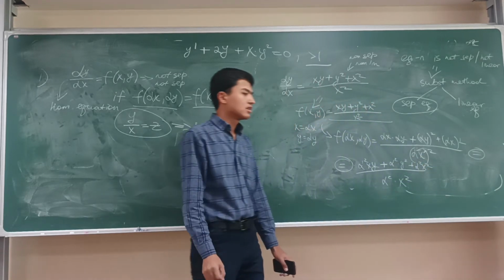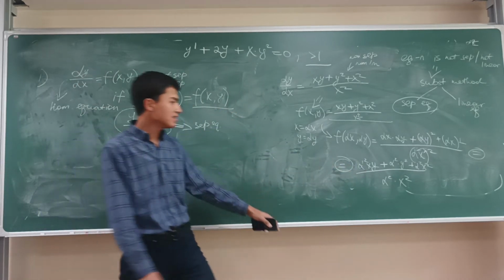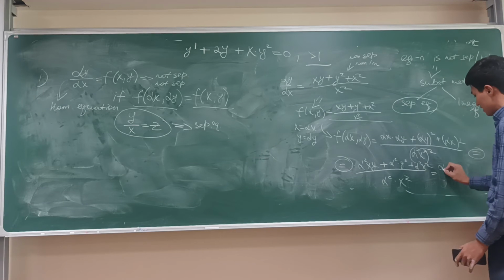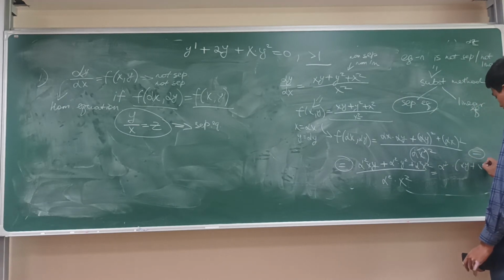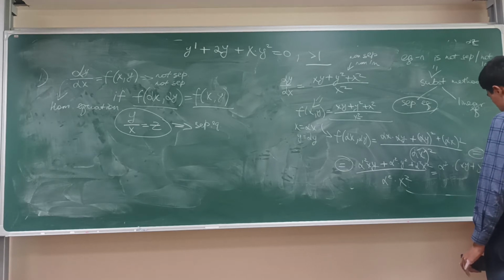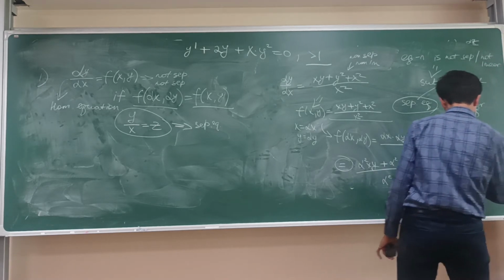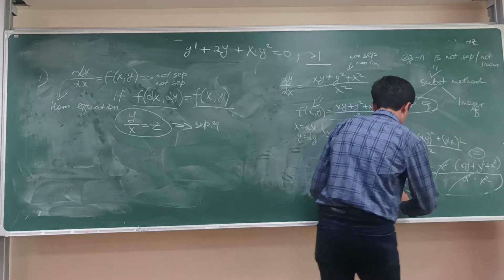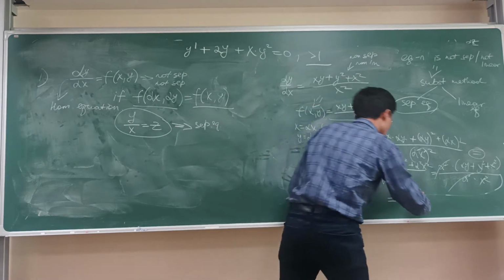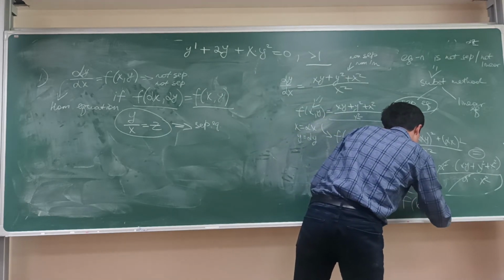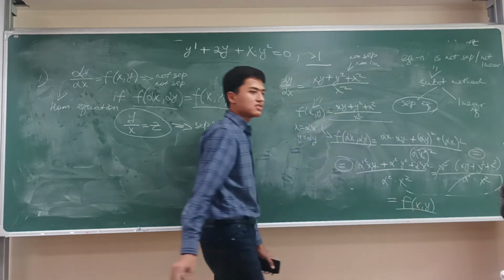So we can cancel alpha squared: you take alpha squared out of the bracket, and what you have is the same thing, essentially xy plus y squared plus x squared over x squared. They are cancelled, so we are left with this one. We know the output of this is equal to f(x, y), so this equals this. So this is homogeneous.